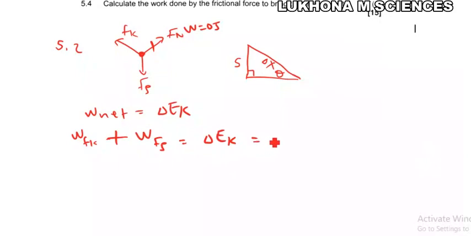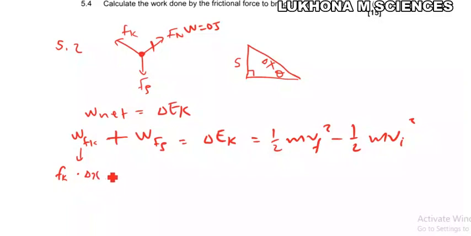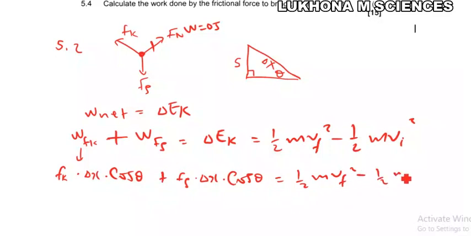The change in EK is 1 over 2 mvf squared minus 1 over 2 mvi squared. Now the work done by frictional force will be frictional force times delta x, which is parallel to frictional force, times cos theta, plus for Fg it's Fg times delta x, which is parallel to Fg, times cos theta, which is equal to 1 over 2 mvf squared minus 1 over 2 mvi squared.